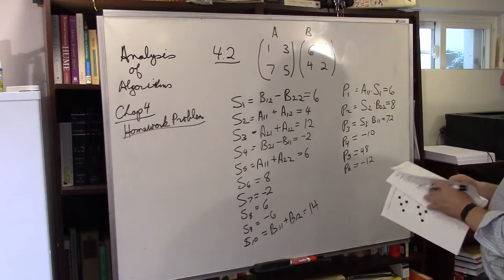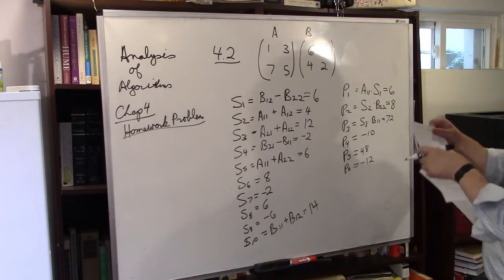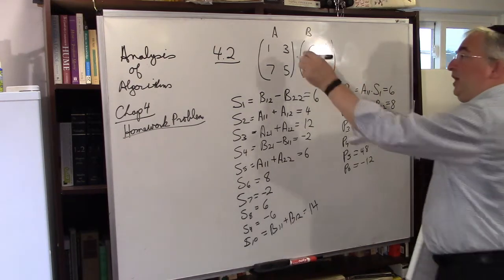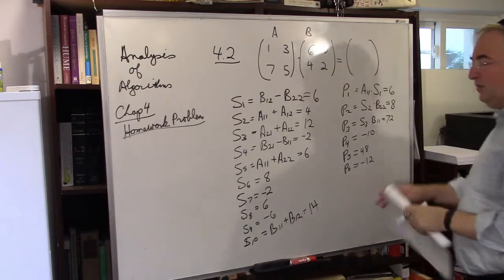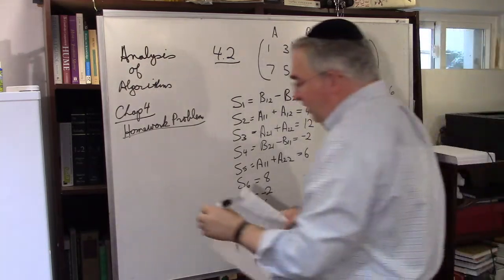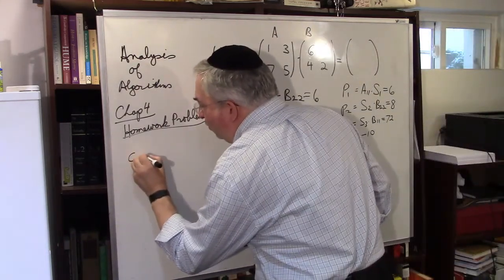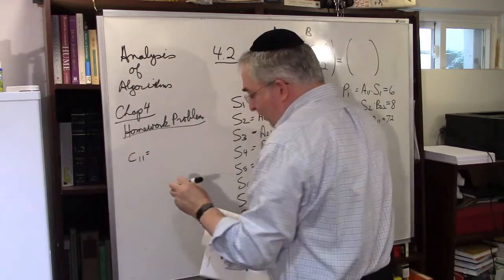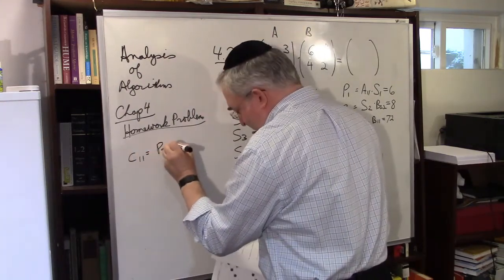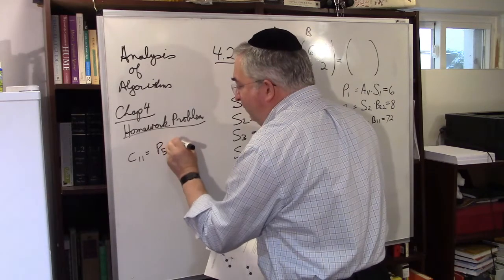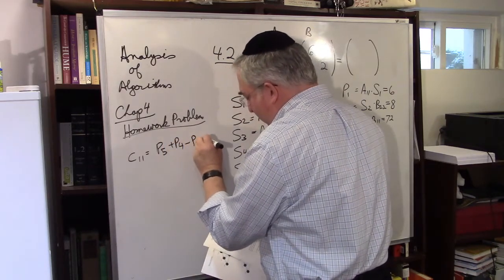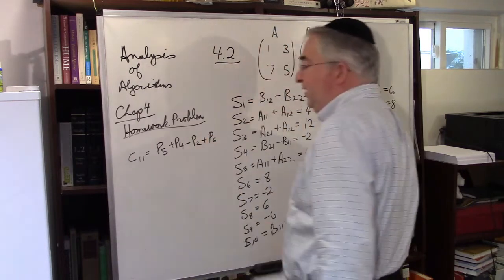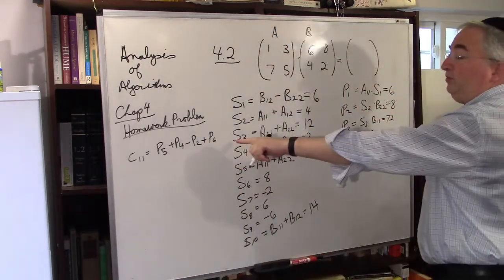Okay. And then you finally have the C matrices. Remember, A times B equals C. So we're going to write the C matrices over here. You're going to get C11 is equal to P5 plus P4 minus P2 plus P6. Okay. Notice there's no multiplications here.